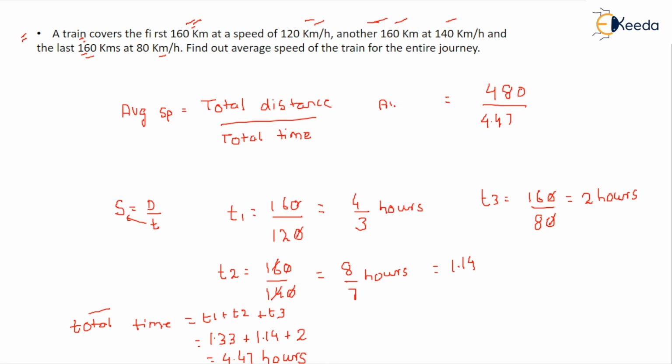This will give us the average speed. 480 divided by 4.47 comes out to be 107.38 kilometers per hour. So this will be my average speed for the entire journey.